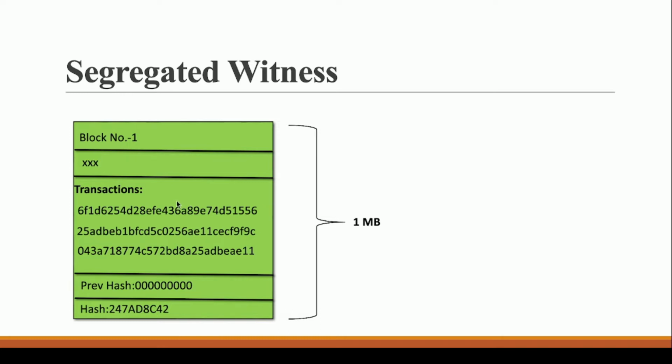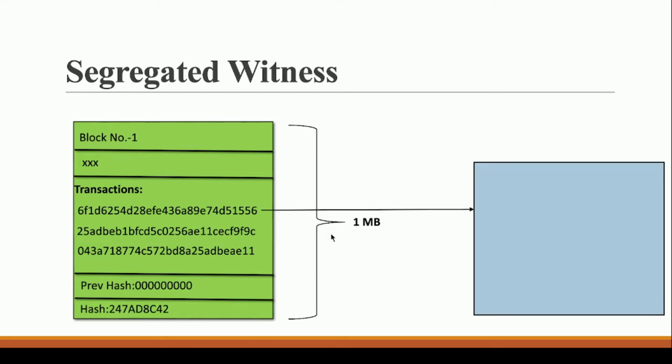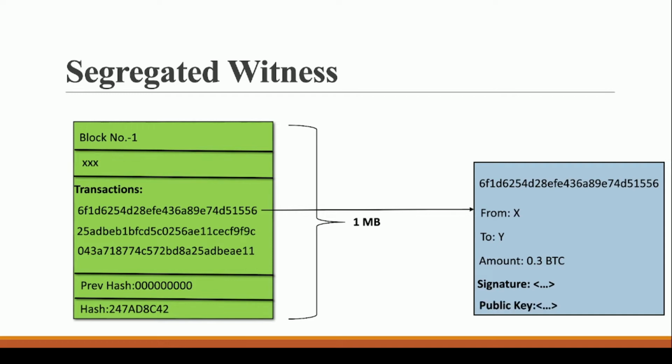And not only this, the 1 MB block also contains some more information about the transactions, because we cannot depend only upon the transaction ID, right? We need more information about the transaction, like who is doing this transaction, to whom it has been done, the amount of Bitcoin that has been sent, as well as the signature and public key. Why do we require signature and public key?